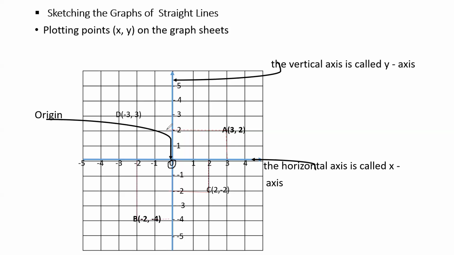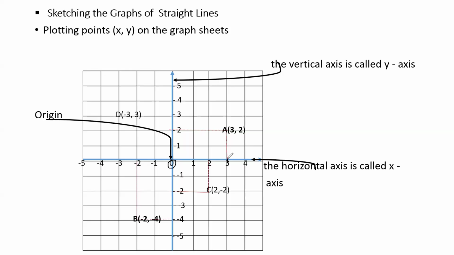So assuming I have the point A, (3, 2). The point consists of x and y. X comes first, and that is horizontal. So I must go to the positive side, to the right of 0 or the origin, to identify your 3 there.